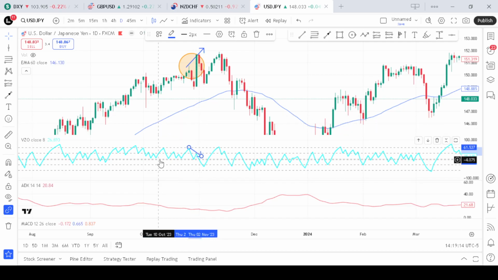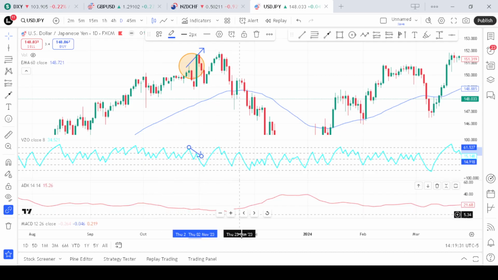It indicates weakening buying pressure and a potential reversal to the downside. Look for divergence on your chart by comparing swing highs and lows of both price and the VZO.